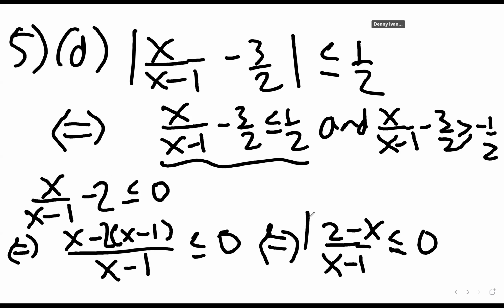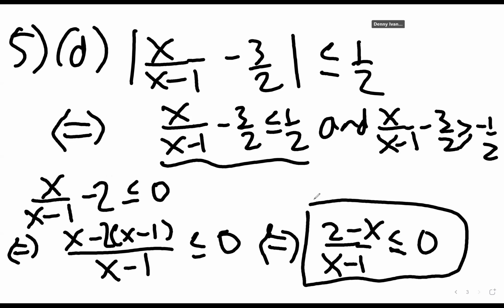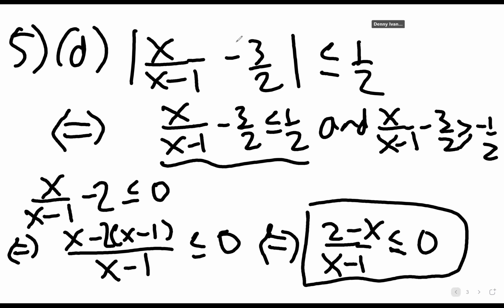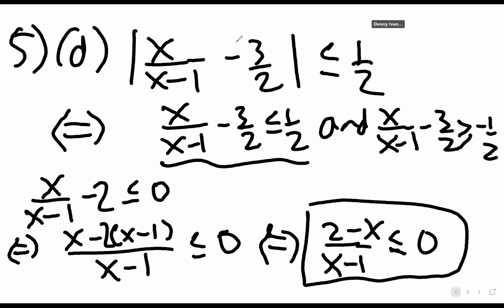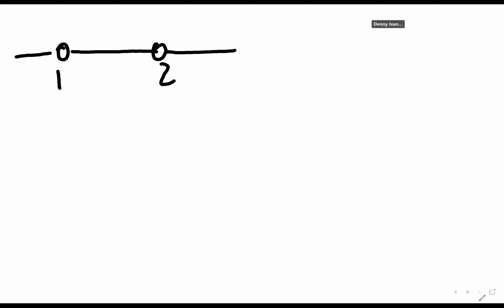So if we consider this inequality on the real line, I will have 1 and 2 on the real line. Then I should check the sign of this expression. Okay, start with x less than 1. We may take the sample point x equals 0, and in that case the sign is negative there.